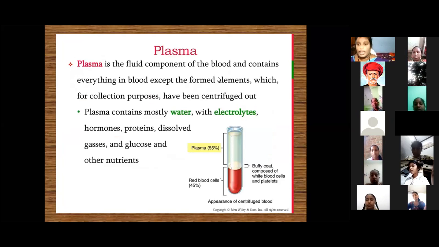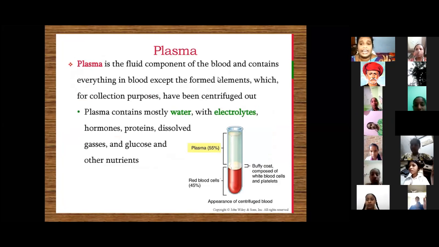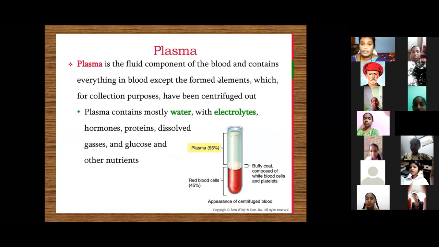First of all, I will explain the plasma. Plasma is the fluid component of the blood and contains everything in the blood except the formed elements, which for collection purposes have been centrifuged out.